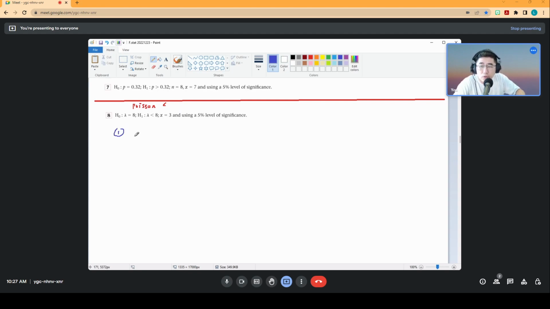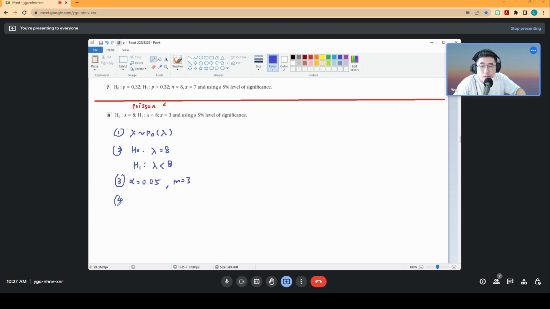Number one, write the correct distribution, Poisson with lambda. Number two, hypothesis will be lambda equals to 8 and alternative lambda lesser than 8. Okay, and number three, your alpha equals to 0.05 and your evidence m equals to 3.